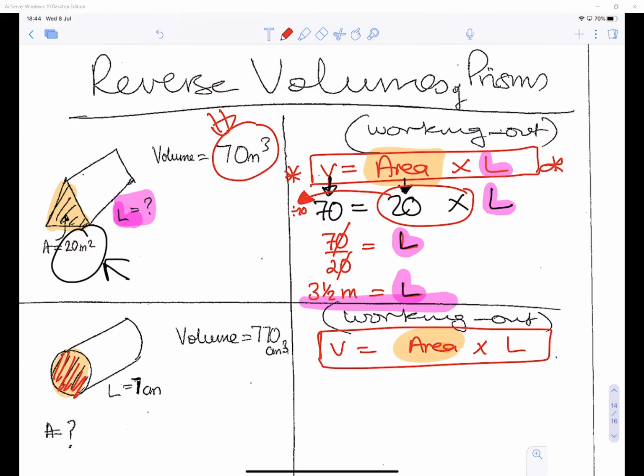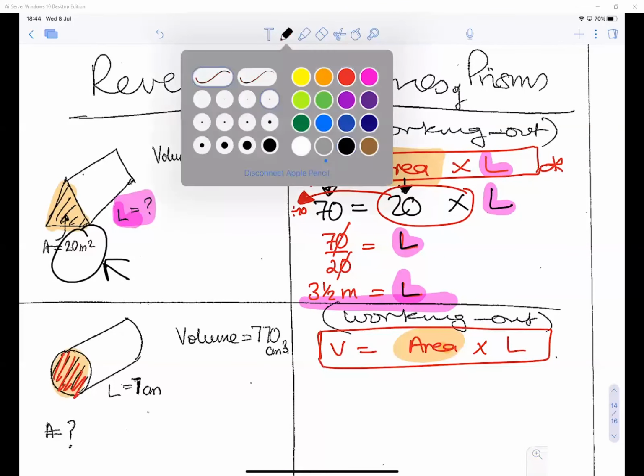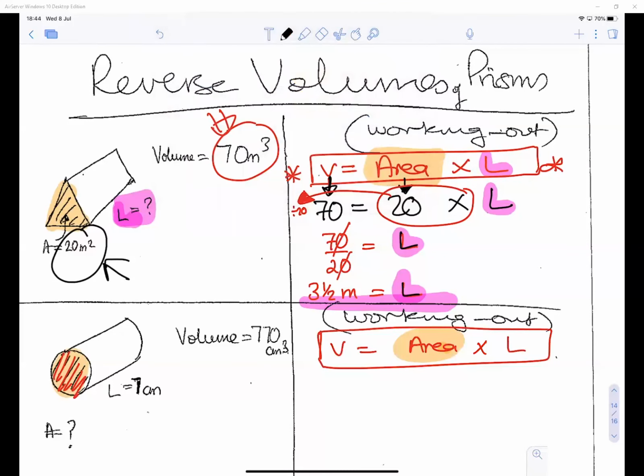No matter how clever you think you are, and how much you think you're related to Einstein, you still write down the formula. So, you can start giving me some values now, please. So the 770 goes where? Underneath the V. Well done. Put the answer in. Excellent.